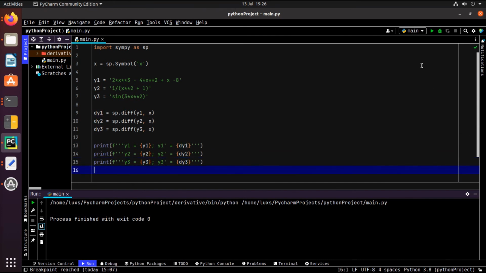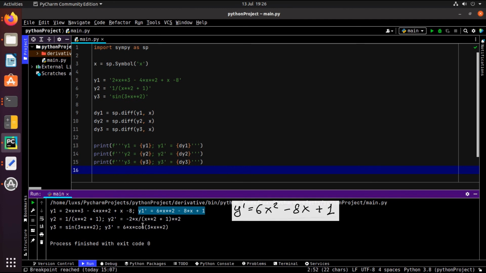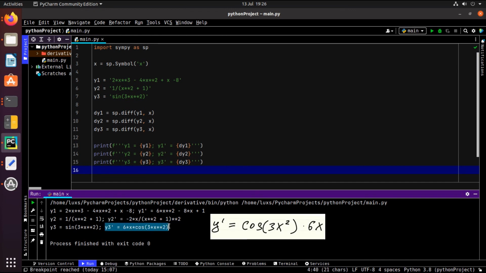And let's run it now. As you can see, the first derivative is 6x squared minus 8x plus 1. The second derivative is minus 2x divided by x squared plus 1 squared. And the third derivative is 6x cosine 3x squared, which is exactly as it should be.